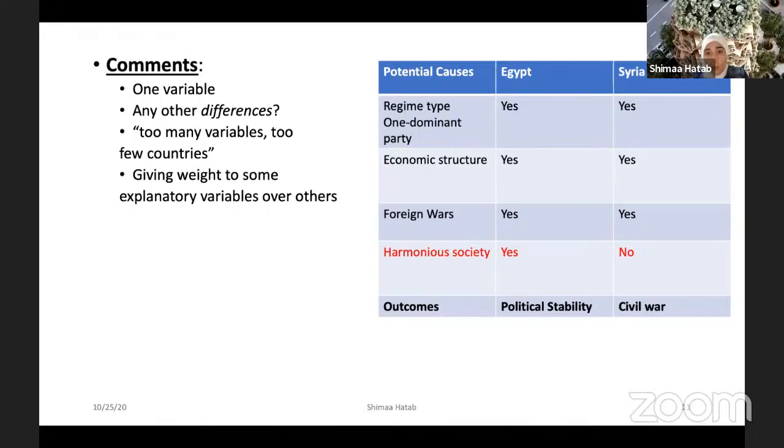I can break it down into different time periods in order to examine why in time period 1 this outcome happened, and in time period 2 a different outcome happened. Within-case comparison, if you have the same outcome, what are you going to explain? Okay, I get it now.